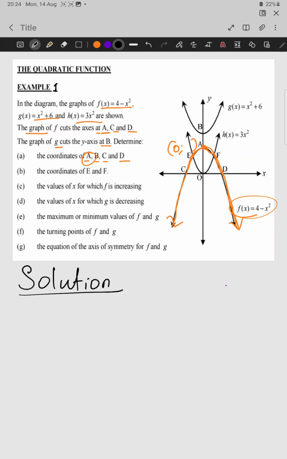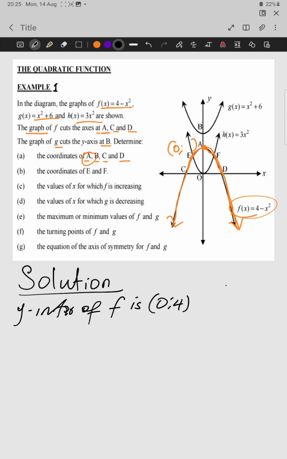So that means the y-intercept of f is 0, 4. Because how are we going to get that?